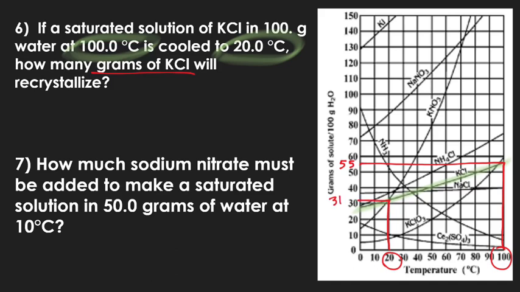So what we need to do here is find the difference, just like what we talked about with that supersaturated solution. Adding a little crystal will make that extra stuff come out. Well, after we cool this down, any of the extra stuff that couldn't stay dissolved at that lower temperature will come out. So we're going to need to subtract those 2 numbers.